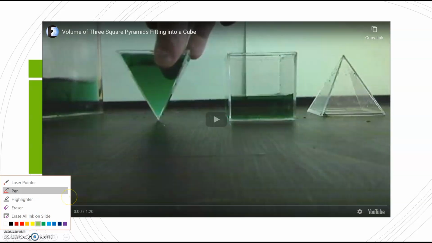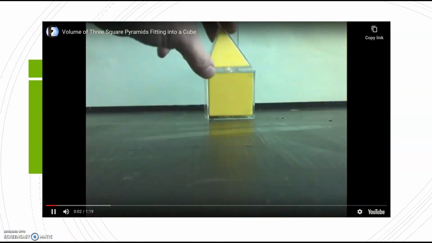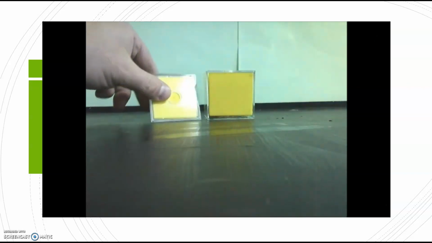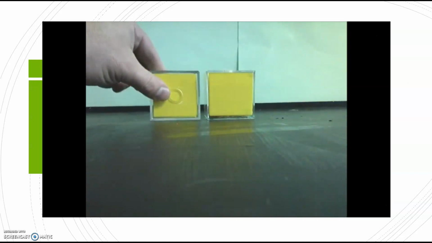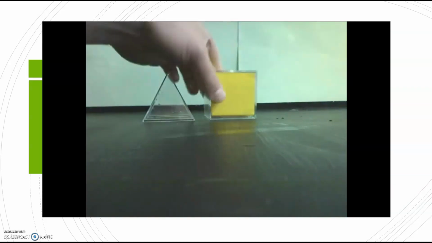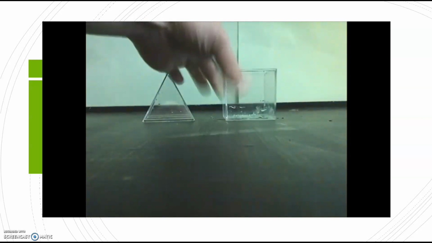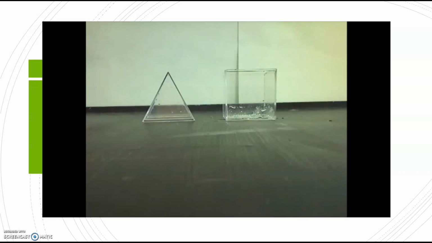All right, so we're showing you that the base of these two are exactly the same size. And we have a pyramid and a prism.